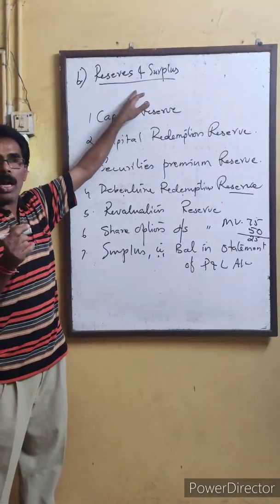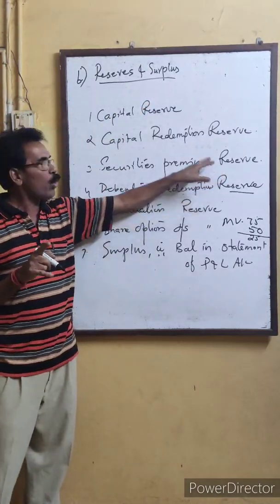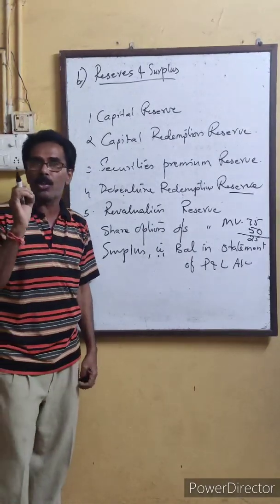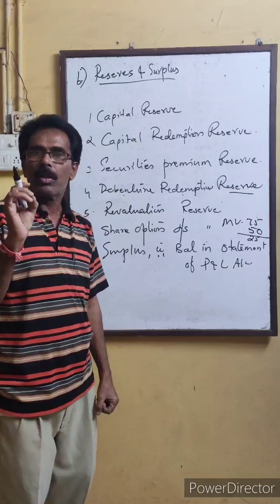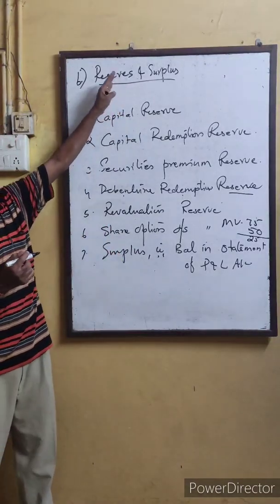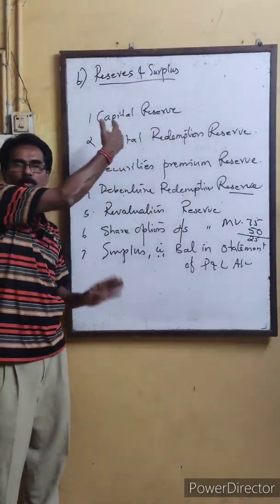If 4 or 5 items are given, you have to write the main heading and subheading, or you may be asked to write any 3 items which come under reserves and surplus.